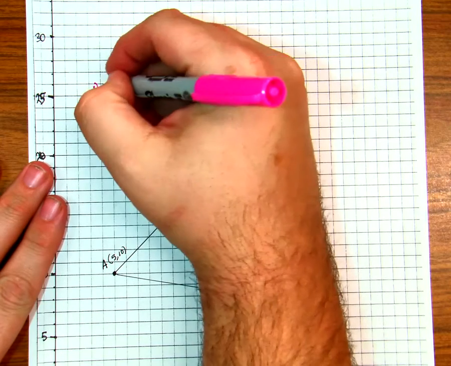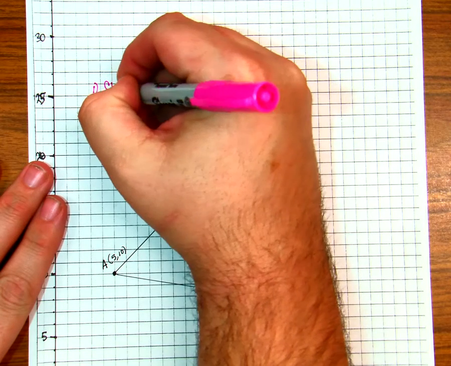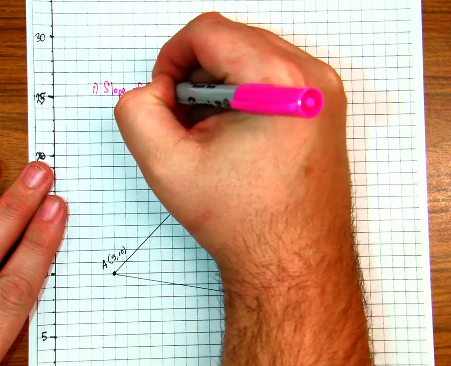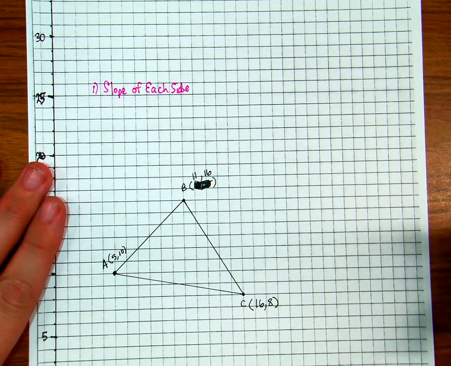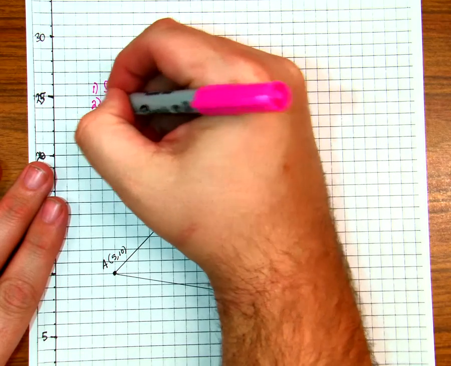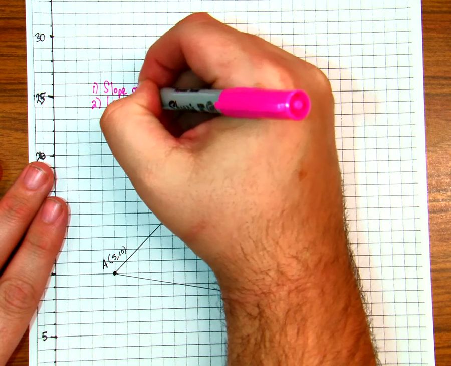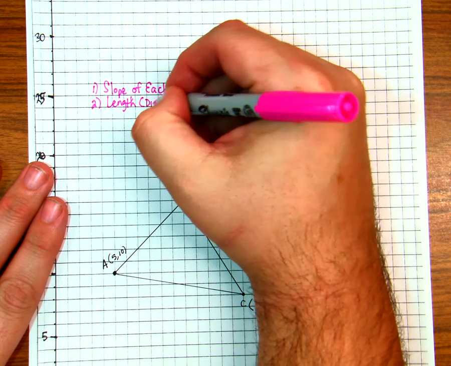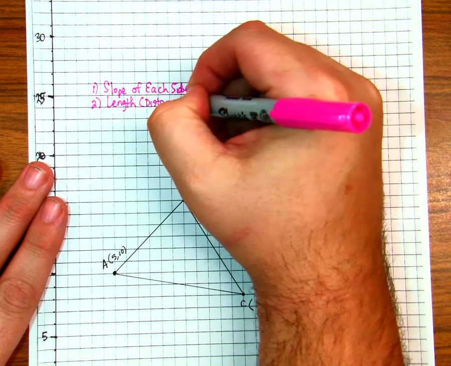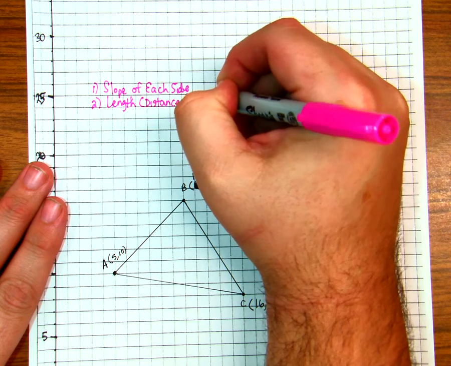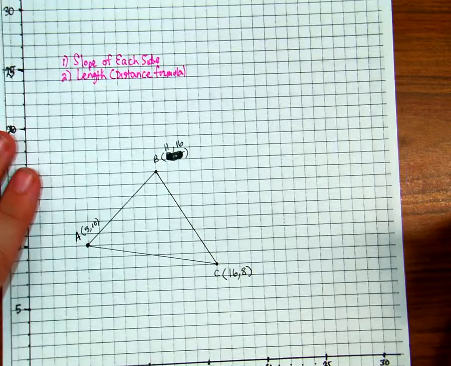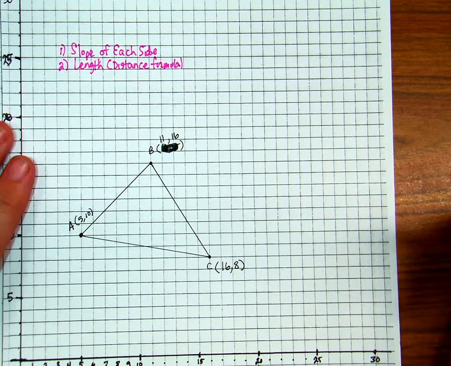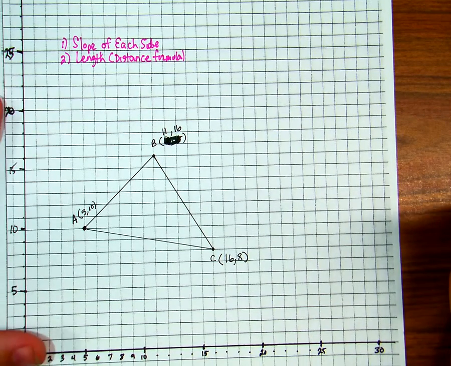One, you need to be able to calculate the slope of each side. Second thing is you need to be able to calculate the length of each side, which is the distance formula.